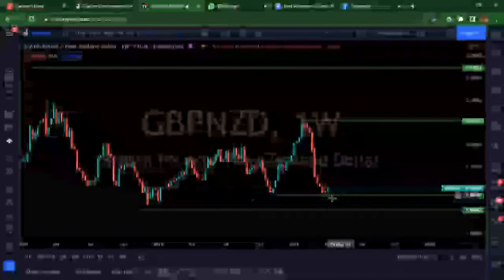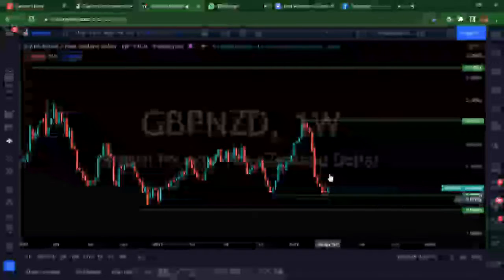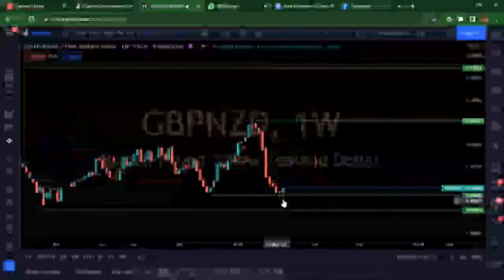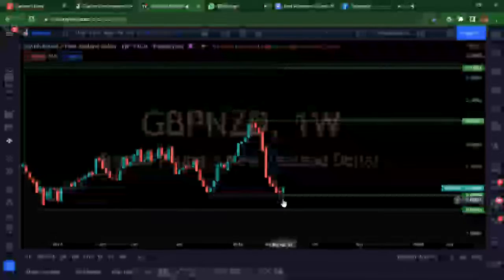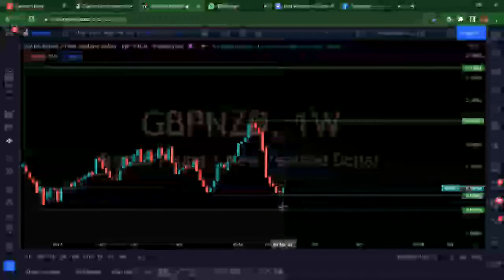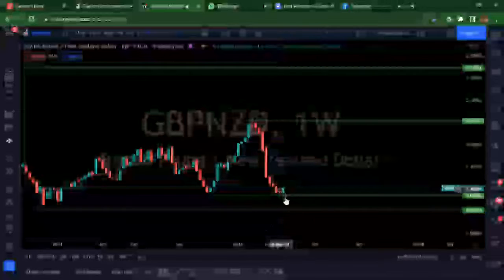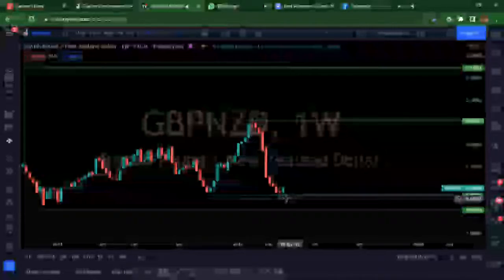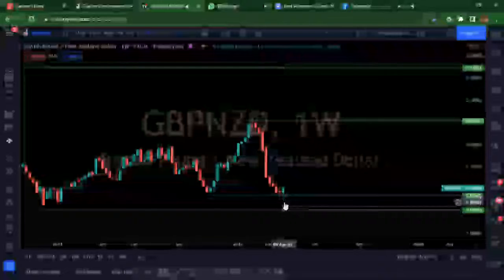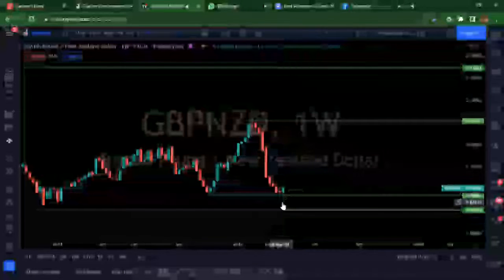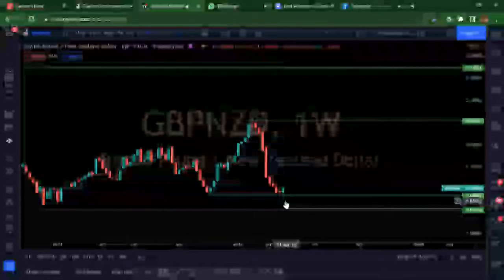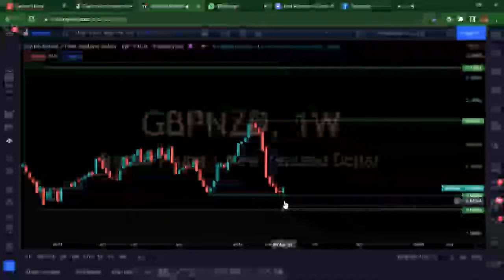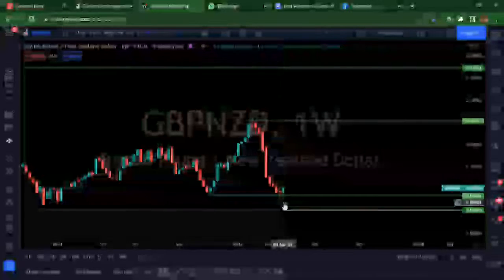As I was just playing with this chart, I saw that price reached our demand zone, and then it gave us something that is beautiful. It gave us a beautiful bullish pin bar, which is a reversal candlestick, provided that it forms in an area of supply or demand.